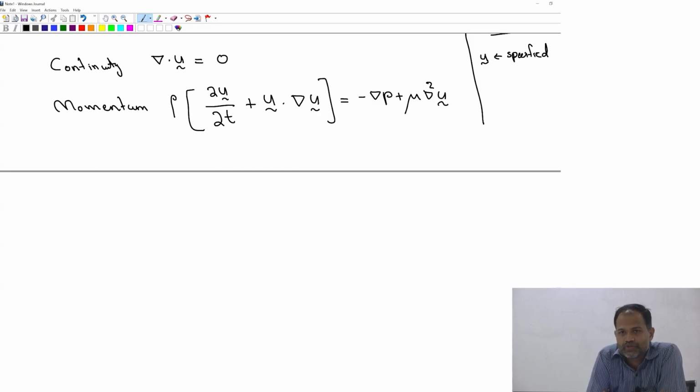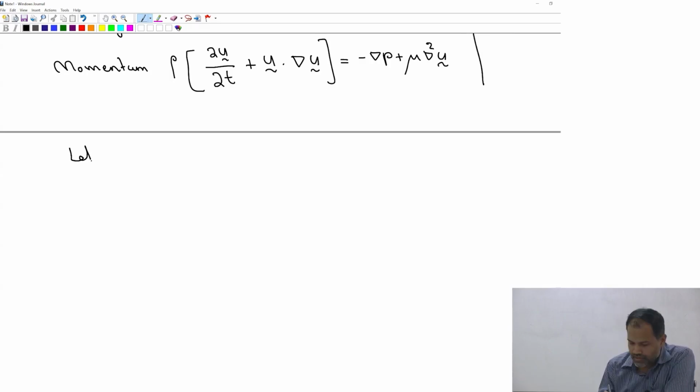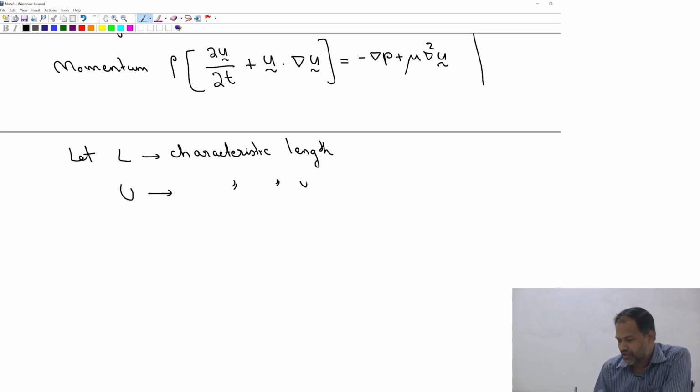Let L be a characteristic length in the problem. Let U be a characteristic velocity in the problem. That means I can non-dimensionalize all my lengths with this capital L.